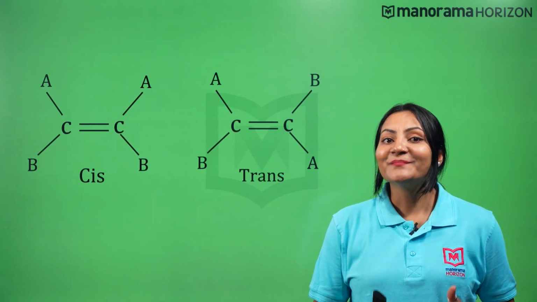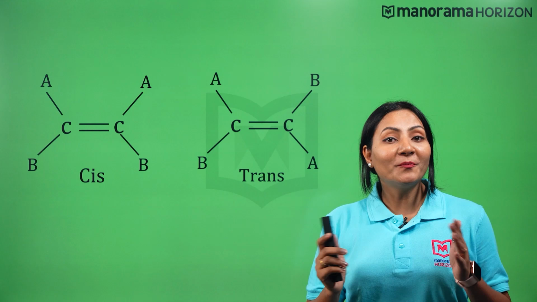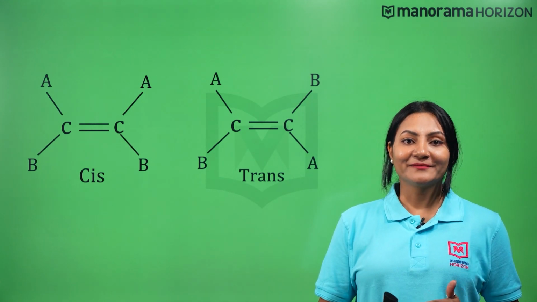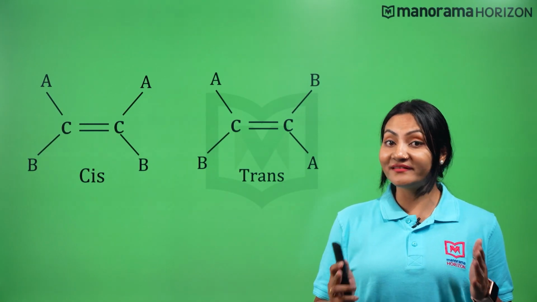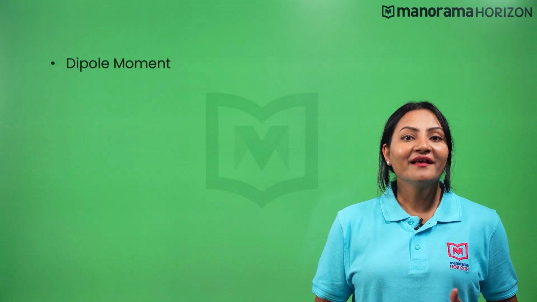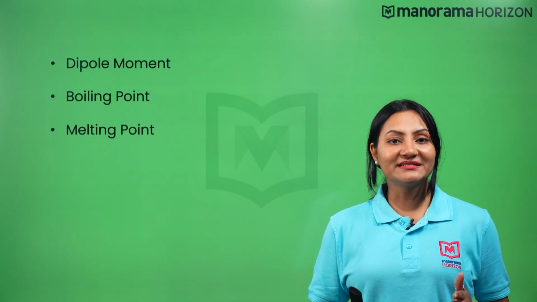On the other hand, the isomers which have similar atoms or groups on opposite sides of the double bond are known as trans isomers. The cis and trans geometrical isomers can be distinguished with the help of certain physical characteristics such as dipole moment, boiling point and melting point.